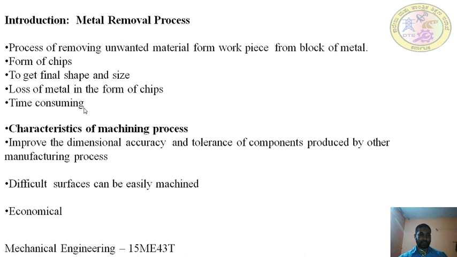In non-conventional machining, the metal removal rate, MRR, is very slow. If you want to remove 1 mm of material, it will take a very long time. So the only disadvantages of the metal removal process are loss of metal and being time consuming.